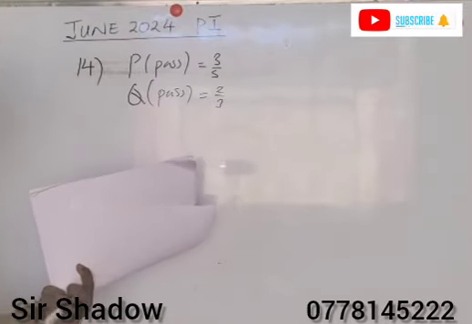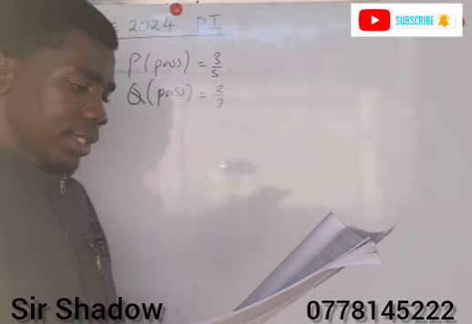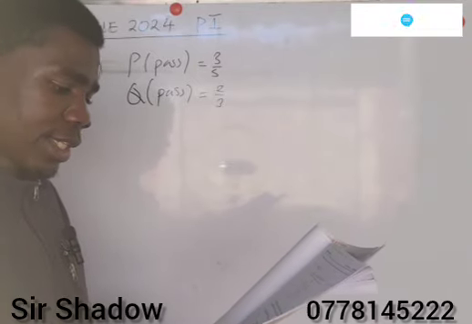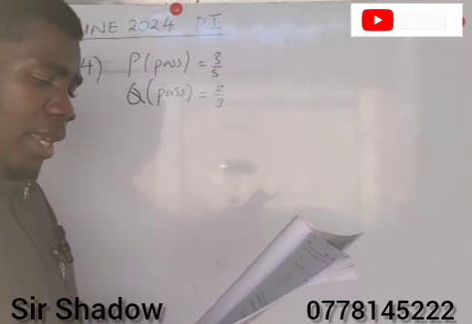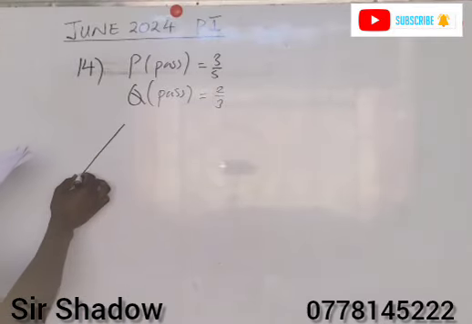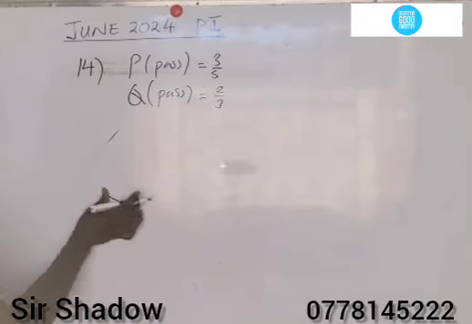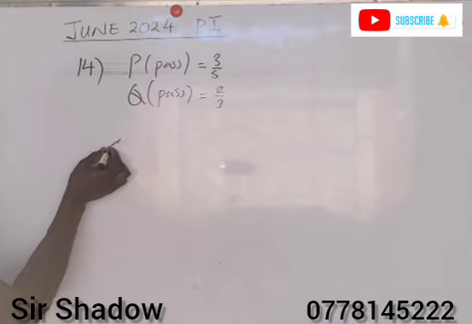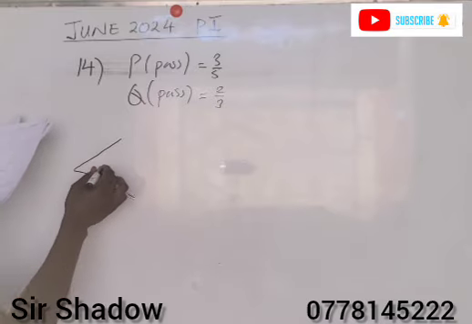You are asked to complete the tree diagram below by inserting the probabilities not given. So we are given this tree diagram.